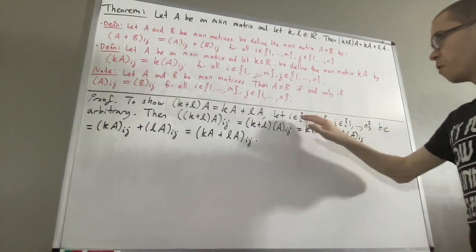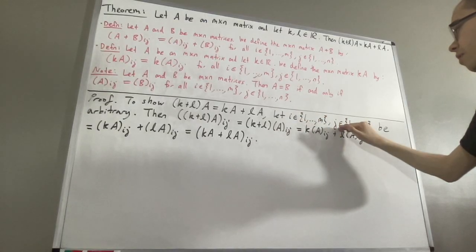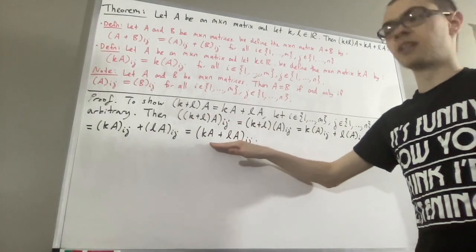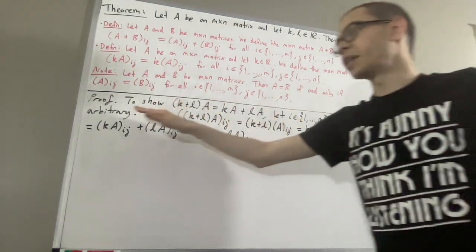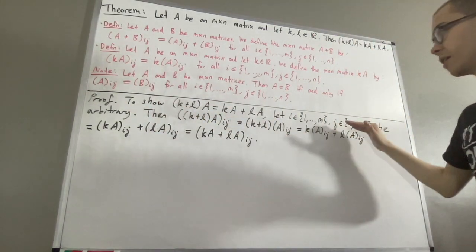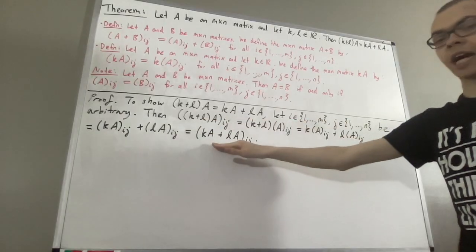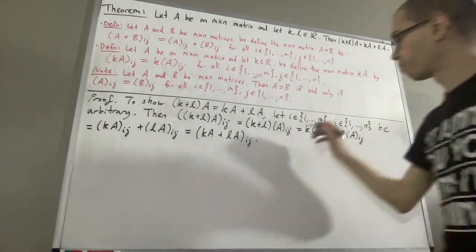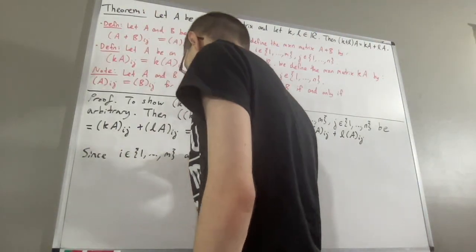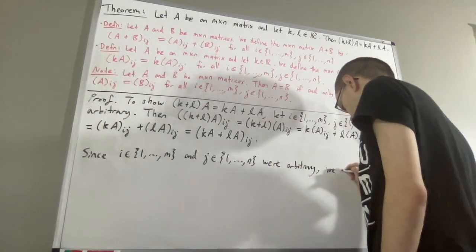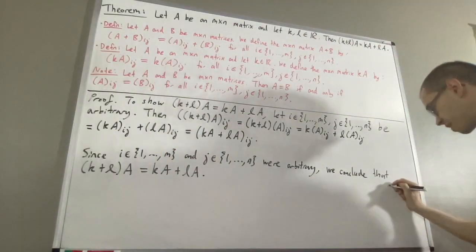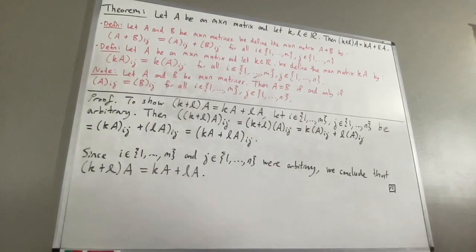What we have shown here is, given i and j, we have that the ij entry of this matrix is equal to the ij entry of this matrix. Since i and j were arbitrary, we have proven for all i and j, the ij entry of this matrix is equal to the ij entry of this matrix. But that's precisely what it means for these two matrices to be equal. And so we're done. This completes the proof. And so yeah, that's pretty much it for this video.